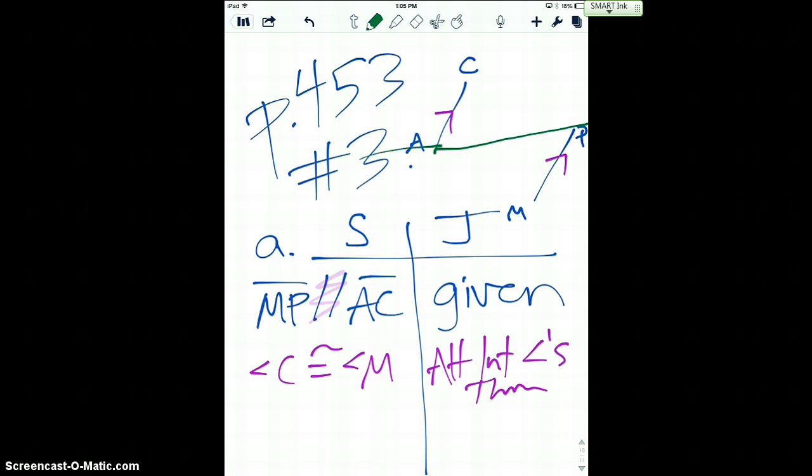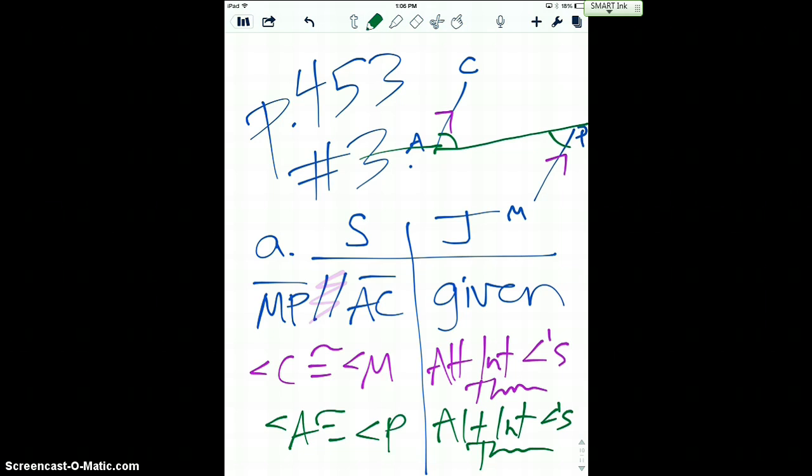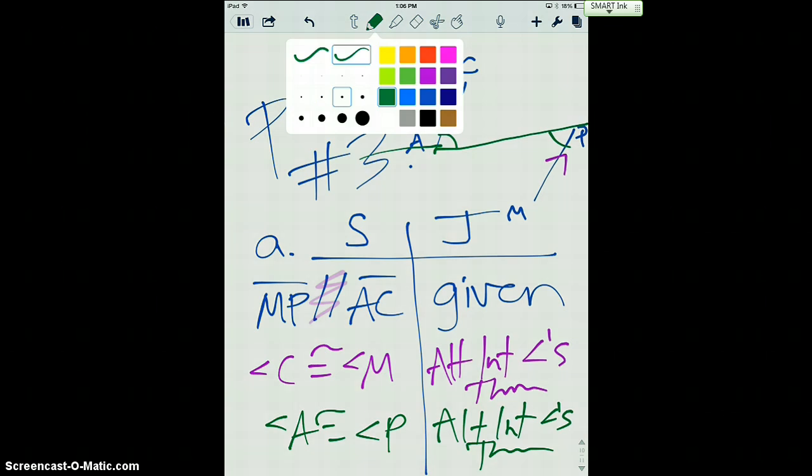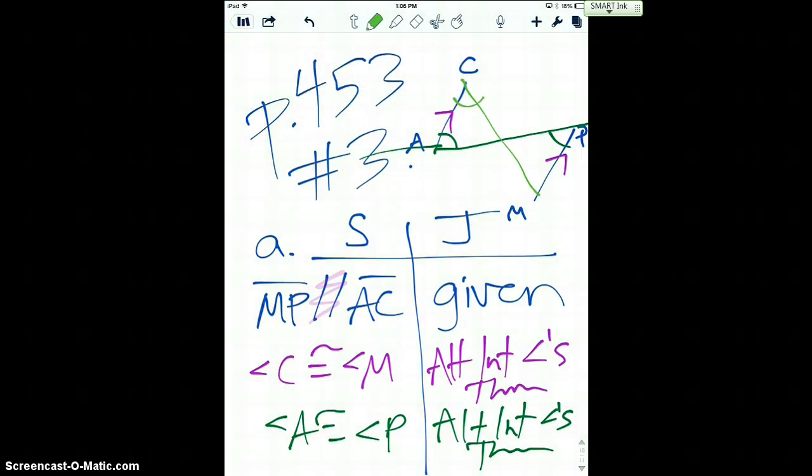If these lines are parallel, I can also say by the alternate interior angle theorem that angle A would be congruent to angle P. So now I have in my picture 2 sets of angles congruent. So I can go ahead and say triangle ABC is congruent to triangle PBM by AA similarity.